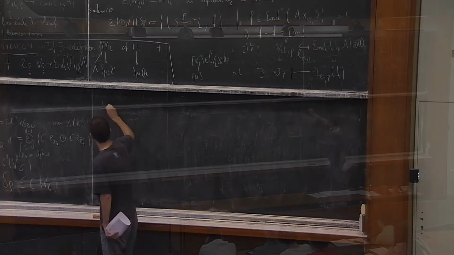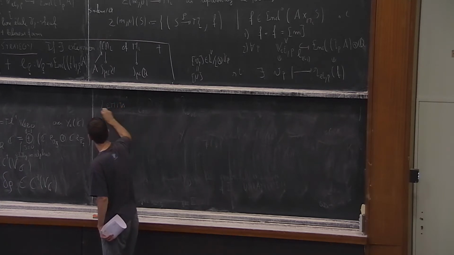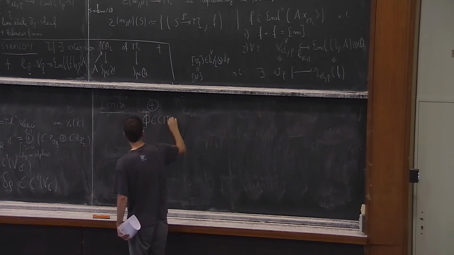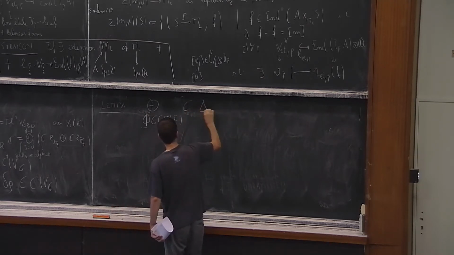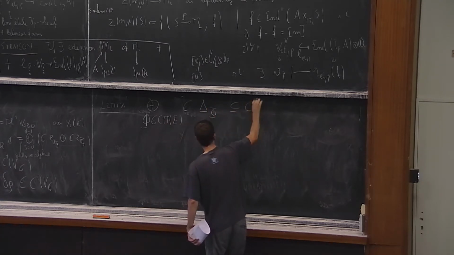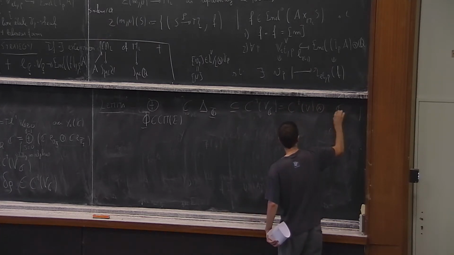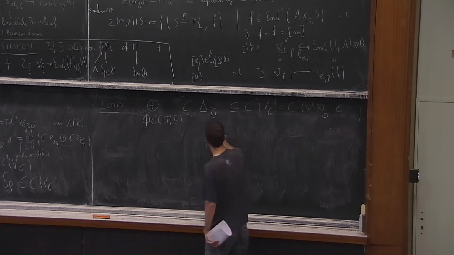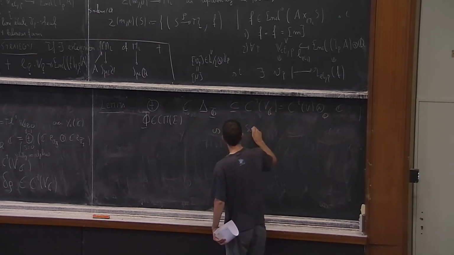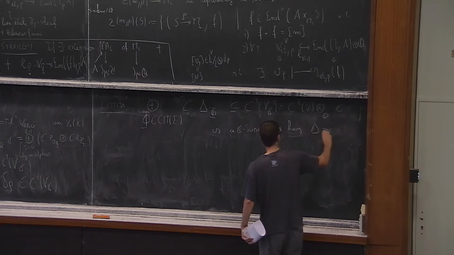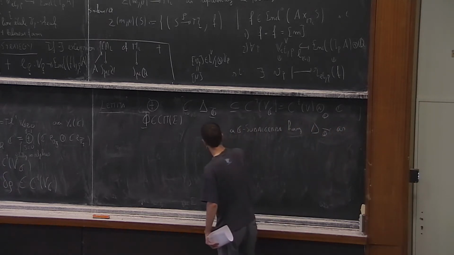And now lemma: if you take the sum over all CM types phi of E of C times delta phi inside C plus of V C, this is a C subalgebra having delta phi as a standard set of canonical idempotents.